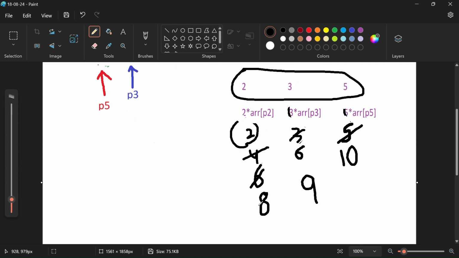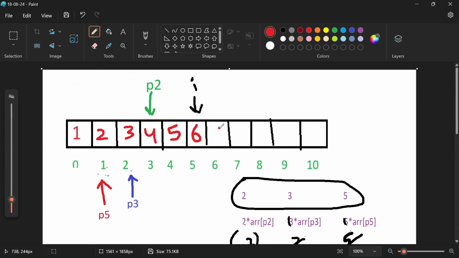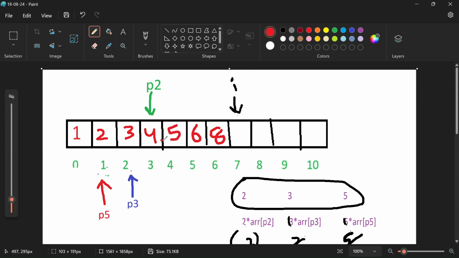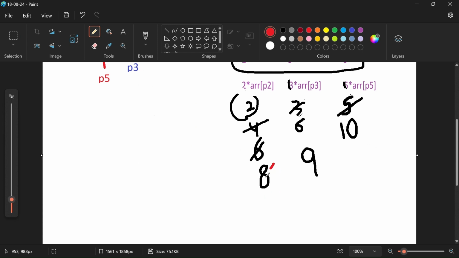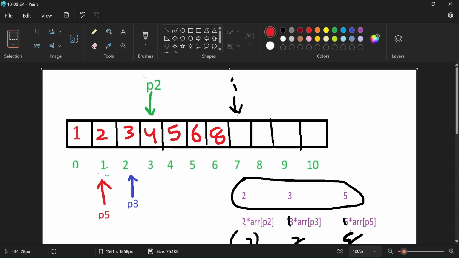In these three, what is the minimum? 8, right? So we write 8, move the current pointer, and update the p2 pointer, which moves to 10.